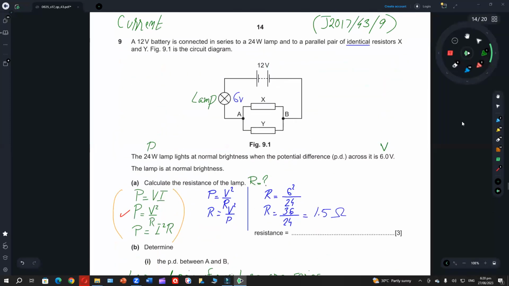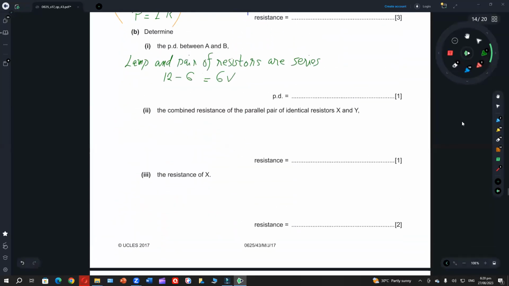Now, this is a bit tricky part. I do not know any one of them, but I know 6 volt is coming from the lamp. X and Y are the two resistors separately, but they are in parallel combination.